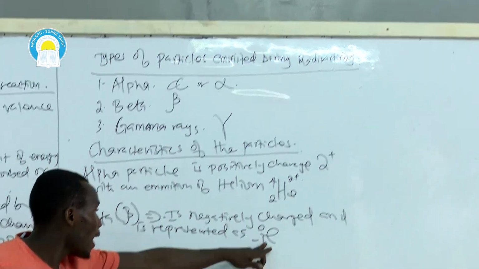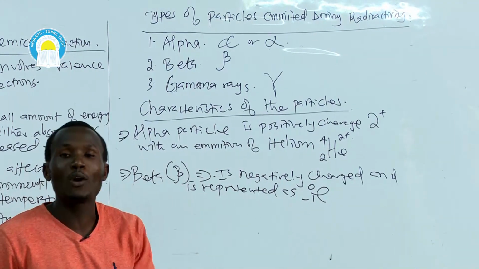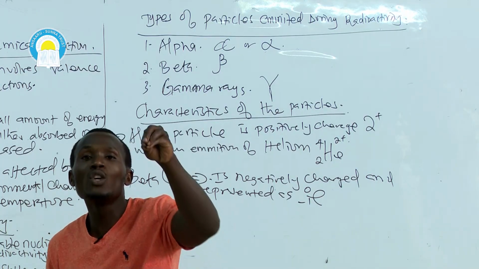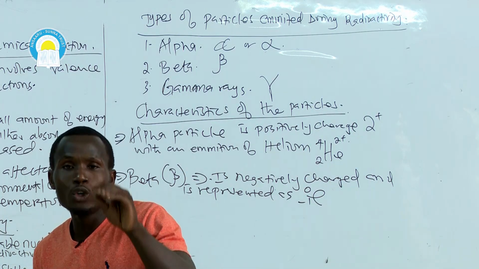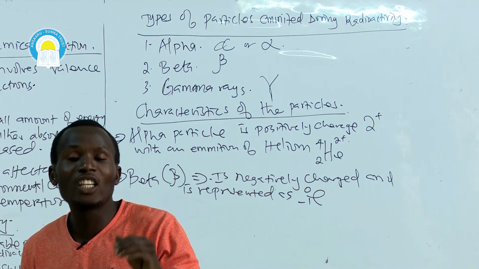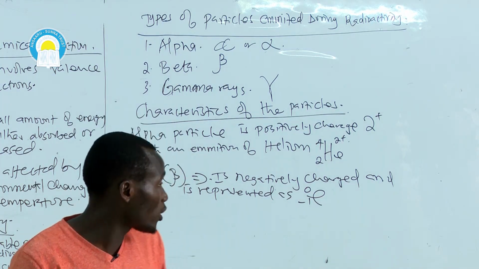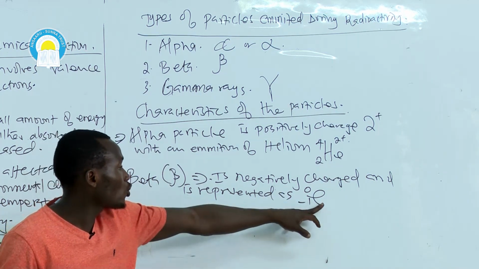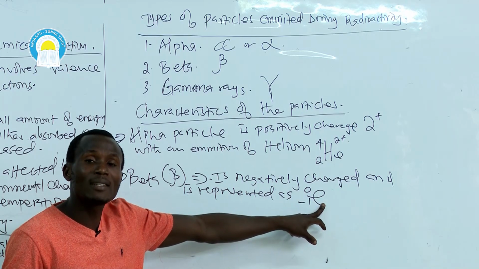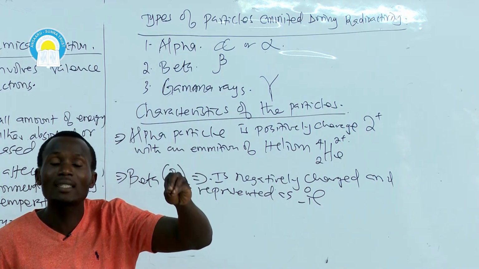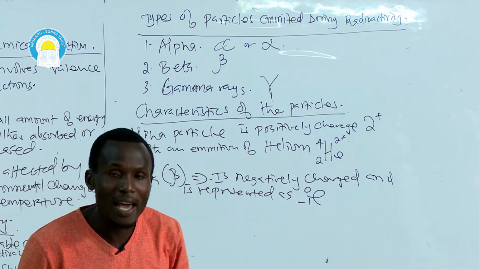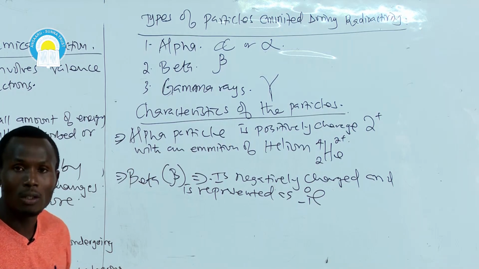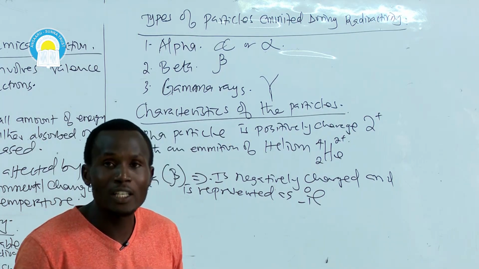This electron here does not originate from the valence electron, but it originates from the nucleus. When a neutron is emitted and is being converted to a proton, that is what results into this electron. So the electron being given out represents electron from the nucleus and not from the valence electrons.